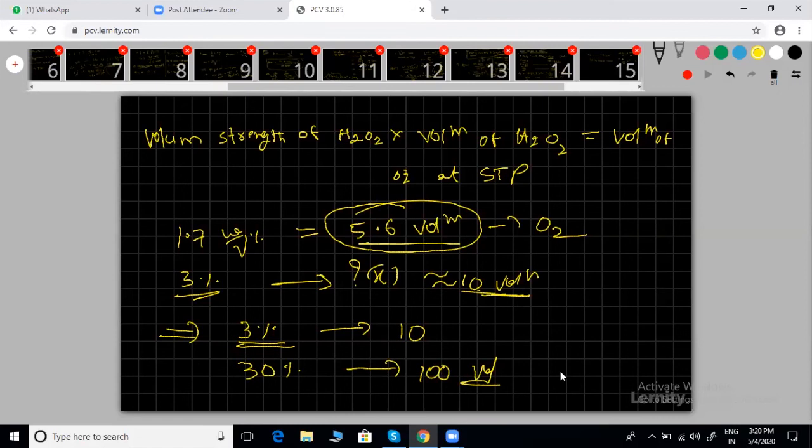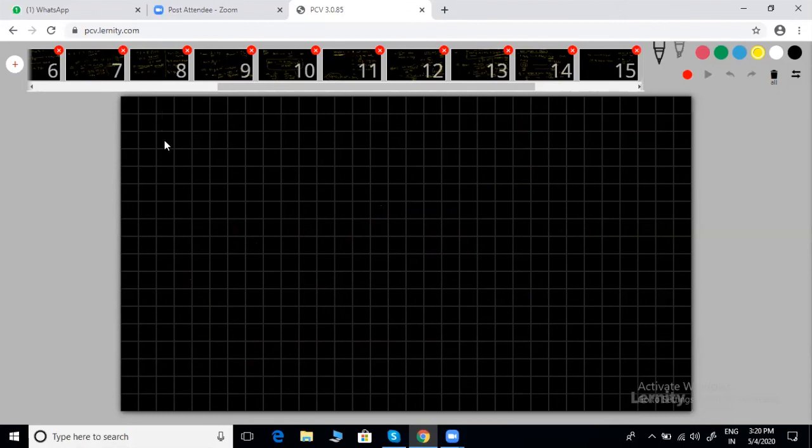You can try one question based on this. Anyway, in redox reactions also we are going to continue this. Here they gave one question from 2019, but still you can find remaining questions also. The question: the volume strength of 1M H2O2 is... Already given, 34 grams is nothing but 1M, nothing but 11.2 liters.